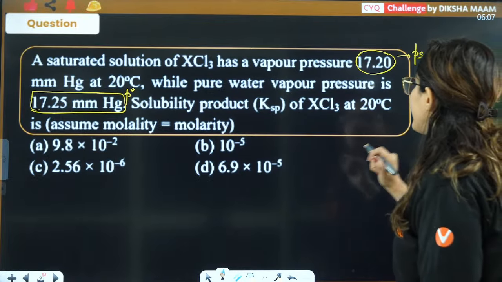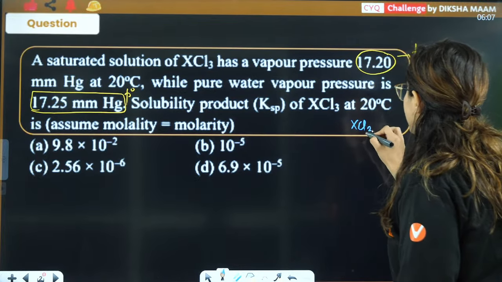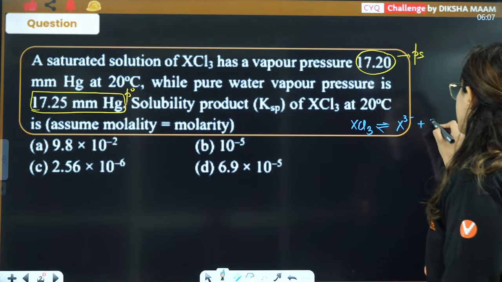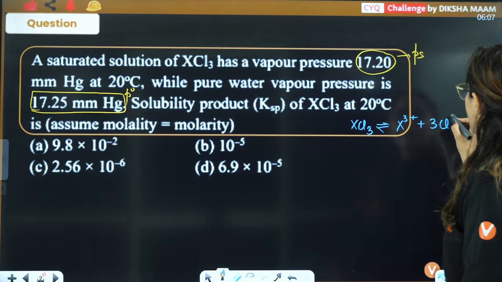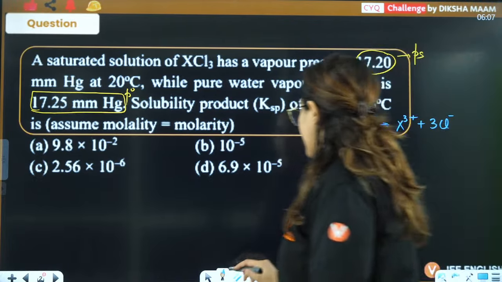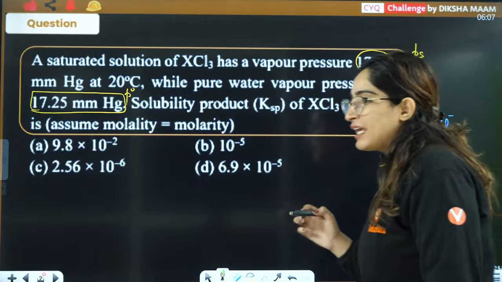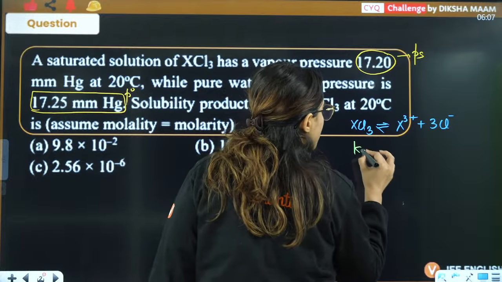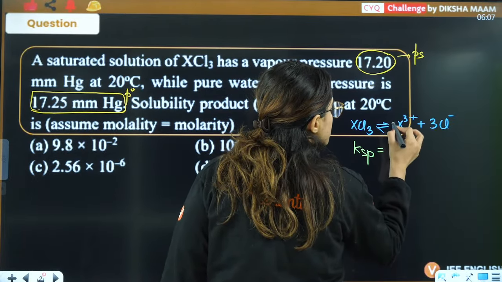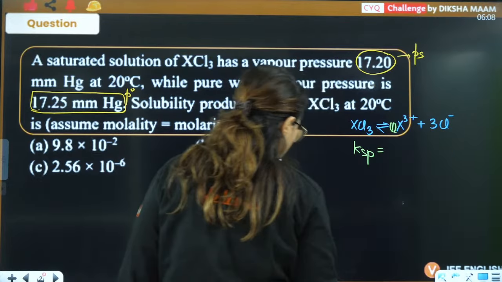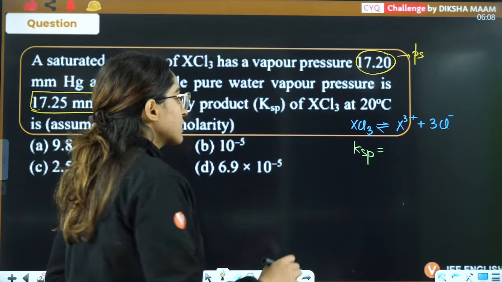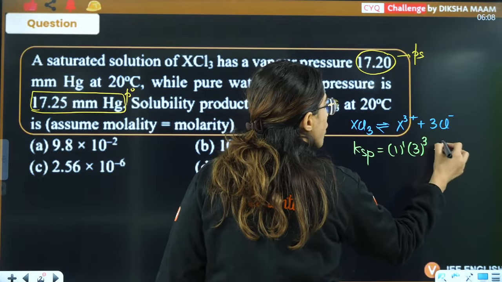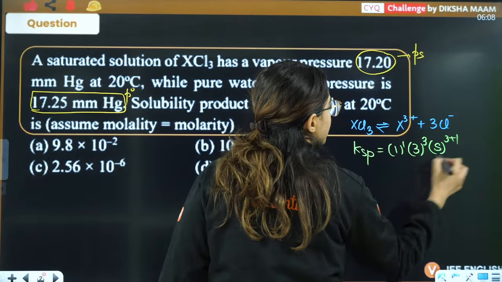We know that HCl3 is X3 positive plus 3 Cl negative, right? And from ionic equilibrium, how do we calculate the value of Ksp? Ksp is stoichiometry raised to power stoichiometry: 1 raised to power 1, 3 raised to power 3, and solubility raised to power 3 plus 1, that is 4.